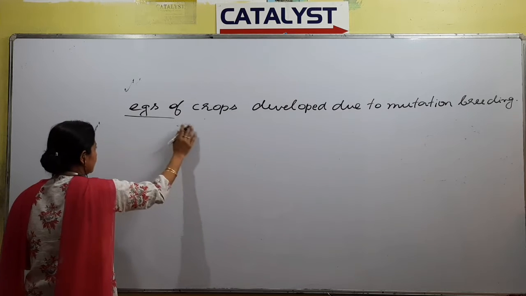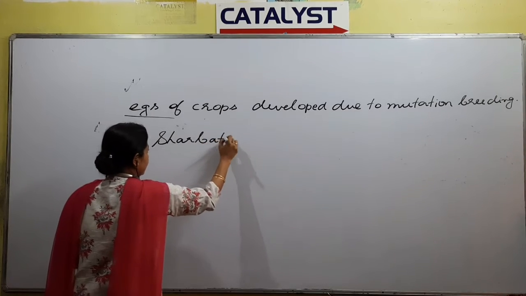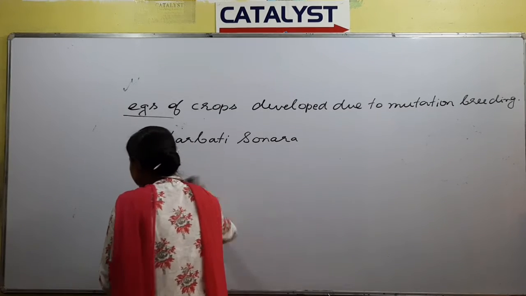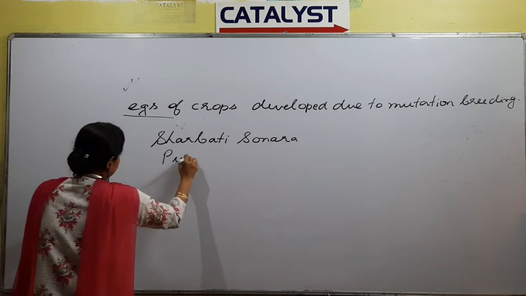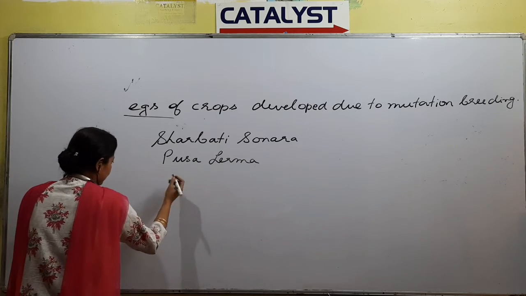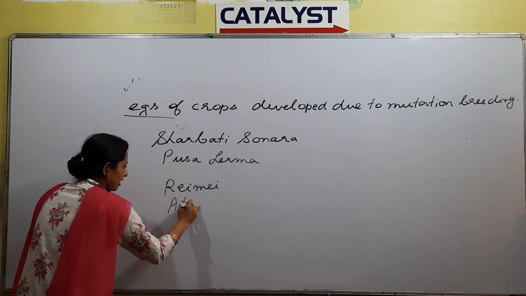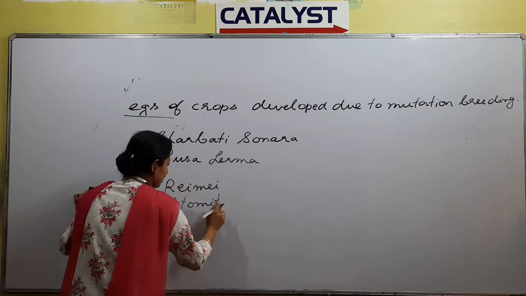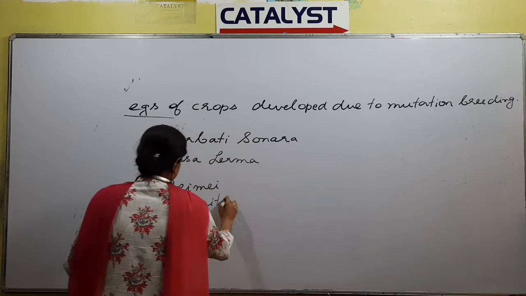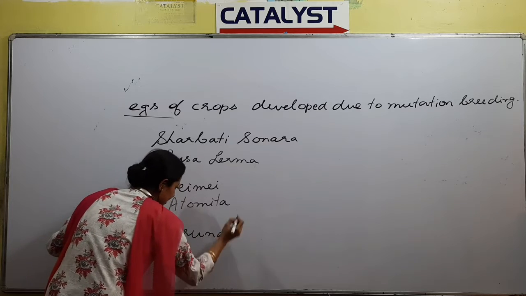We would be talking about Sharbati Sonara, next, Pusa Lerma, then we could talk about Ramy, Atomita, right? And then we can talk about a variety called Aruna.